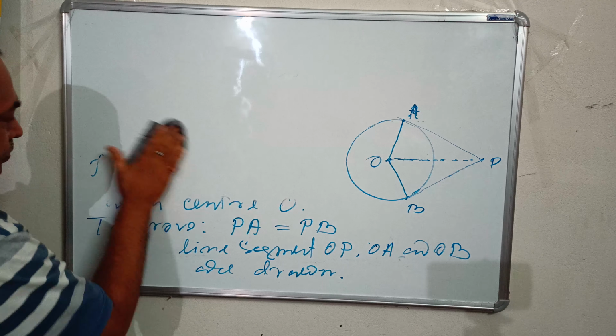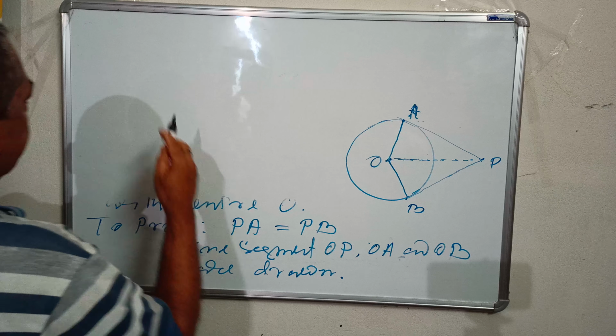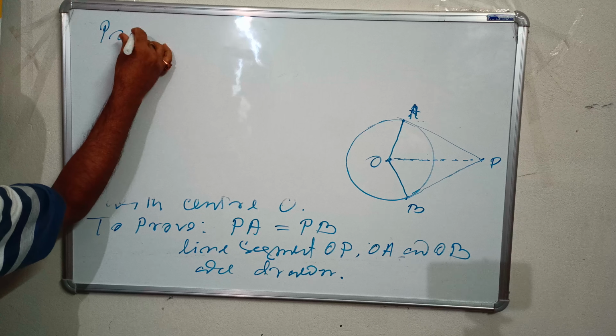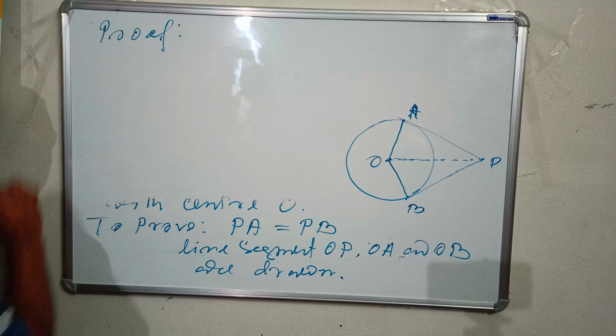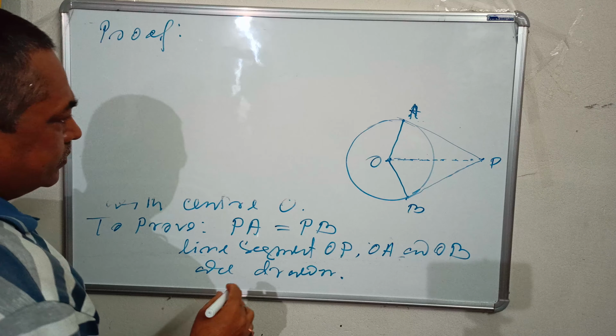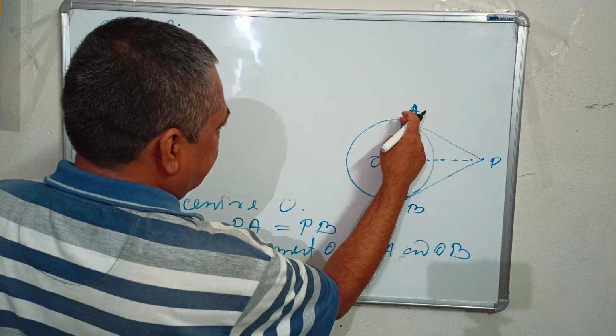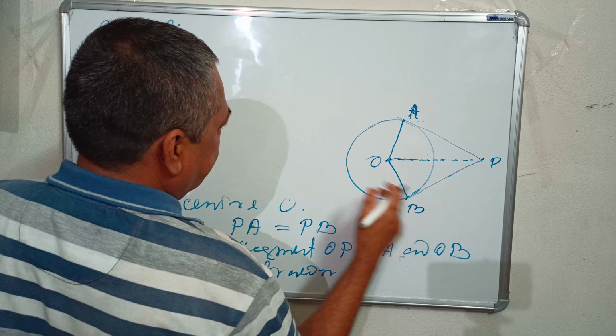Okay, let us go to the proof. First of all, you know tangent is perpendicular to the radius through the point of contact.